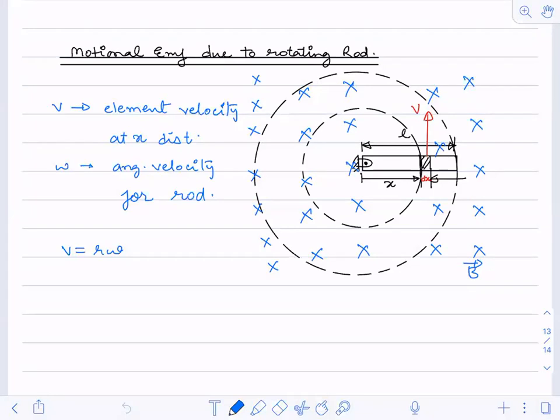Just see here, I guess I have already explained this figure. What is the situation over here?